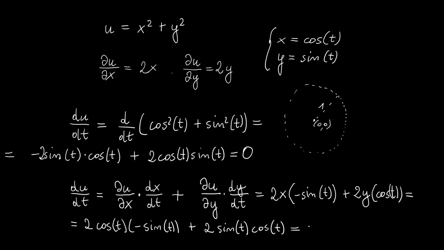That equals 0, exactly as here, because this must be the same value according to the chain rule.